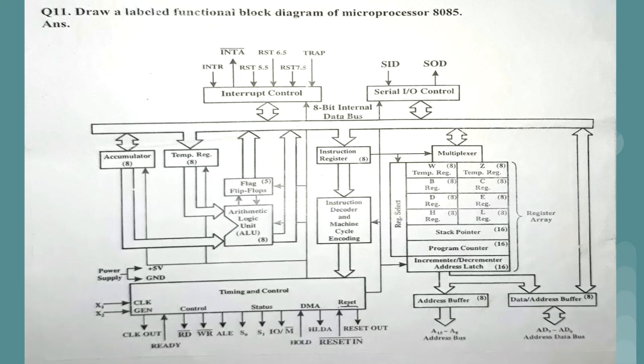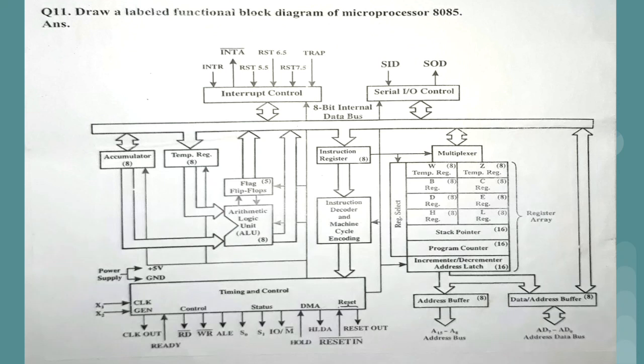And both these sections, interrupt control and serial input output control, are connected to the timing and control section. Just see the arrow: signals are generated from timing and control and provided to the interrupt control and serial input output sections, just to create certain types of interrupts, or to decide the way in which we want the output or input. To decide that, both these sections are connected to the timing and control signal.